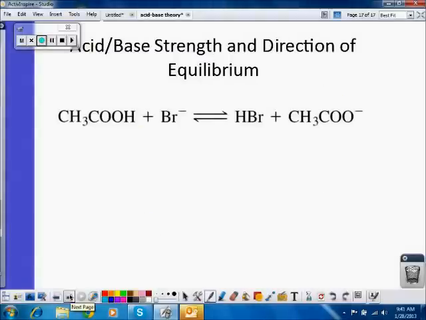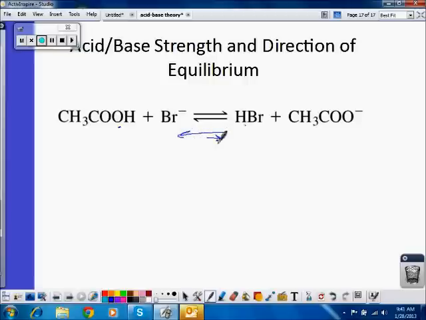So, coming back to this idea of the direction of equilibrium, which direction is this favored? Is this going to be product favored or reactant favored? So I look at my two acids. HBr is a strong acid. Acetic acid is a weak acid. So based on the acid strength, I would predict that the reaction would tend to go in this direction with only a little bit coming back this way.